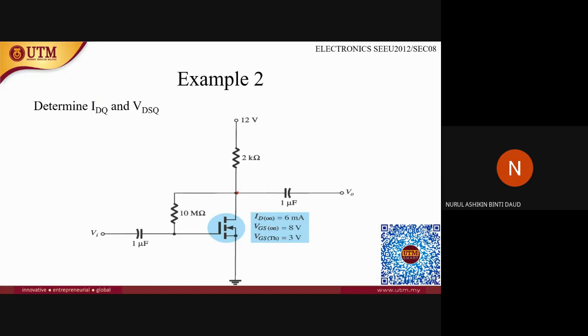This is VD, this is VG, and this is VS. What they ask is the current at the drain at the Q point, and VDSQ, the drain-source voltage between drain and source at the Q point. So the ID is given to you.